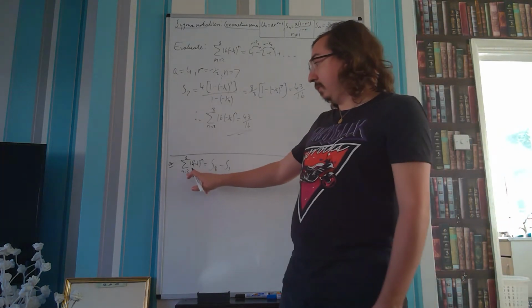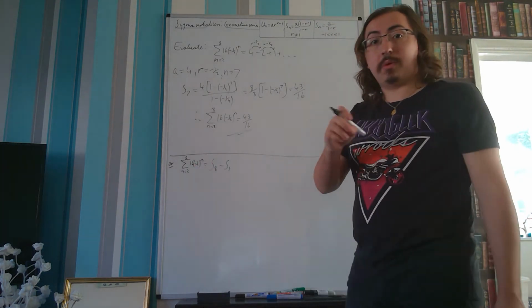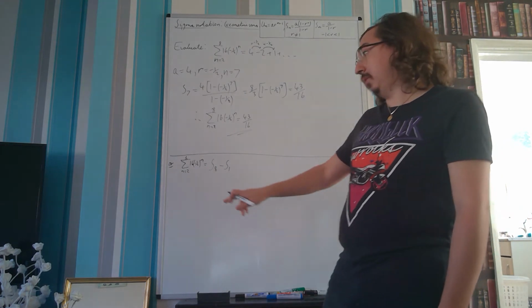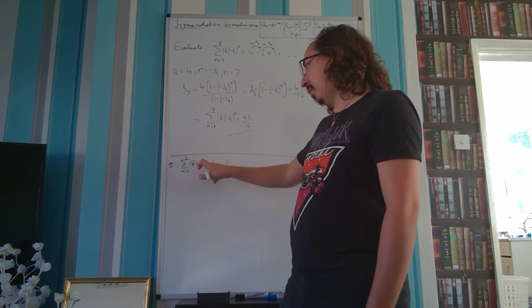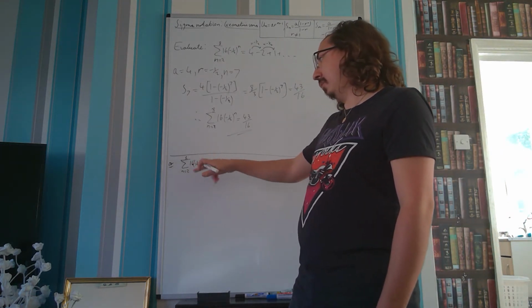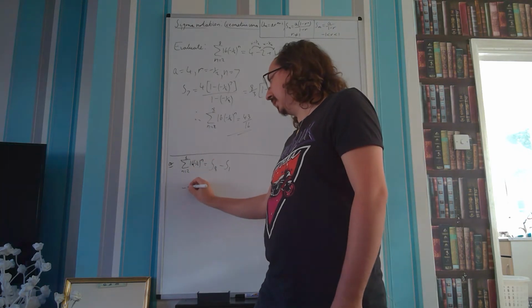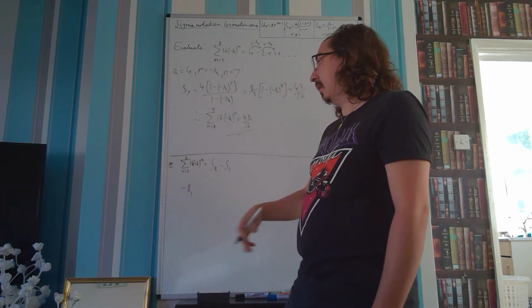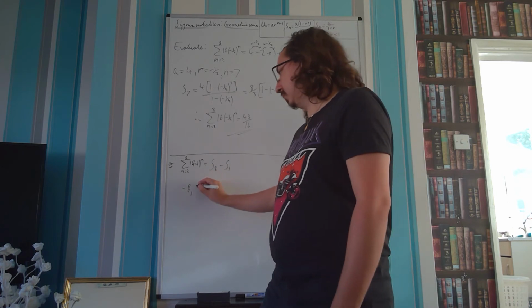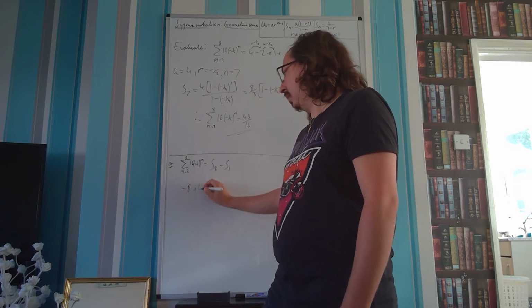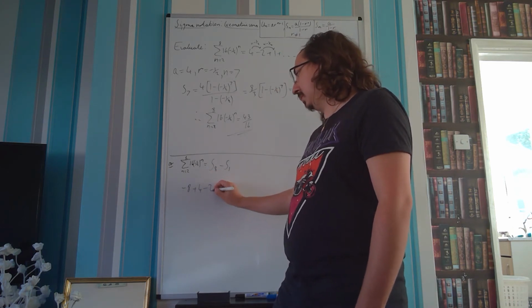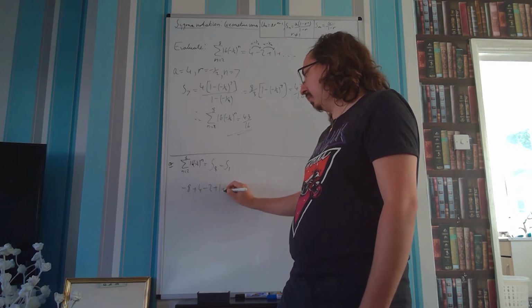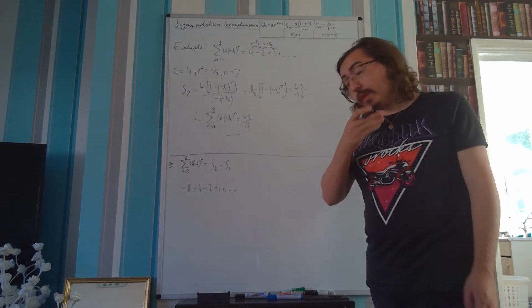And specifically for this one, we're going to have to write out what our terms are again of the sequence. So if n equals 1, minus a half to the power of 1 is minus a half, times 16 is minus 8. Then n equals 2 gets us 4. Then n equals 3 gets us minus 2, then plus 1, and plus so on.